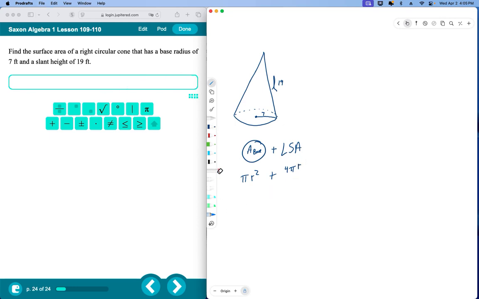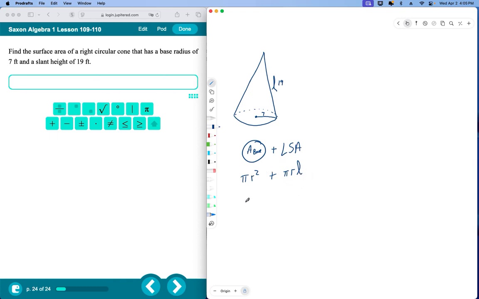No, it's not. I messed up, sorry. I'm thinking about a sphere still in my head. So that is going to be pi r l. That's what that's going to be. I still had my head wrapped around a sphere instead of a cone.